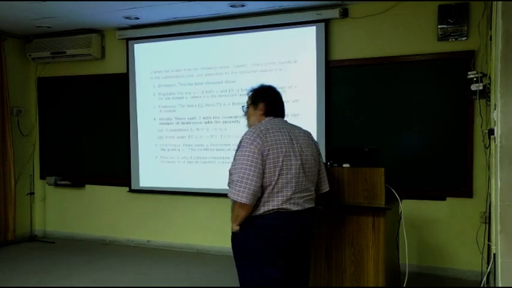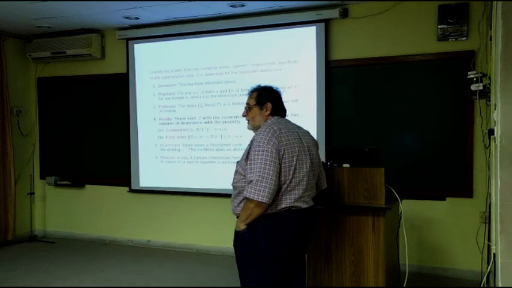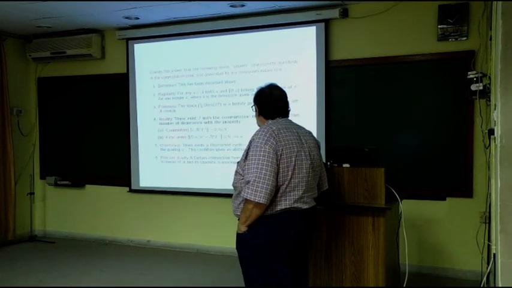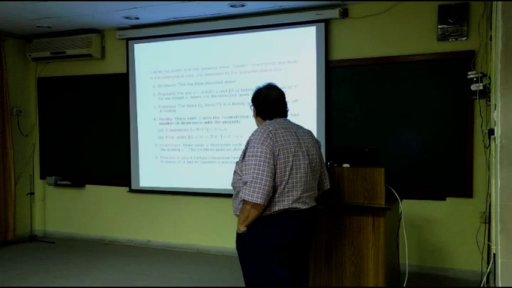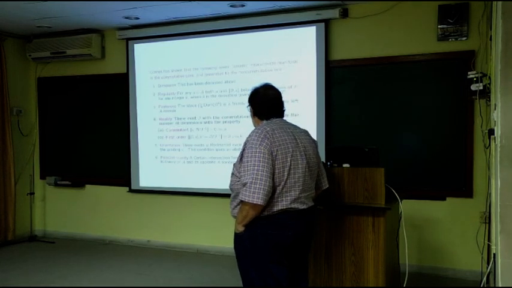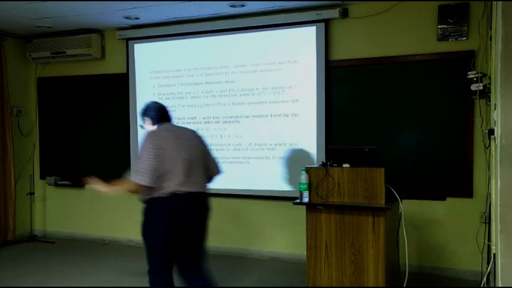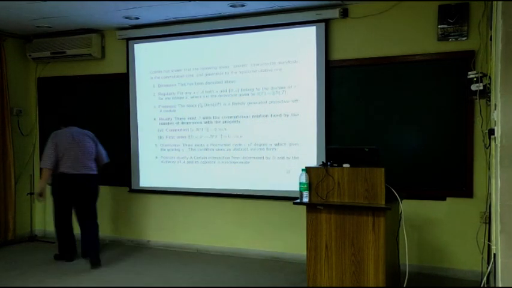In point 4, how is J fixed by the number of dimensions? With the commutation relations fixed by the KO dimension, with the number of dimensions.